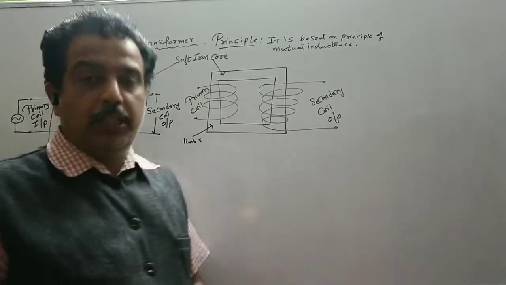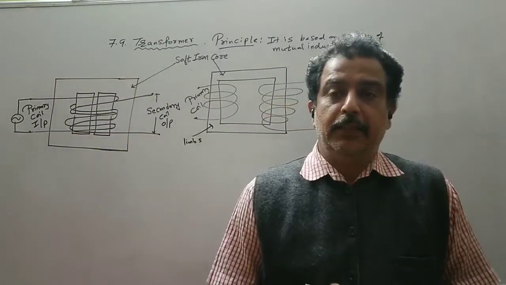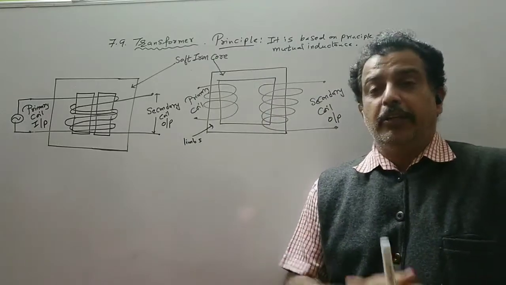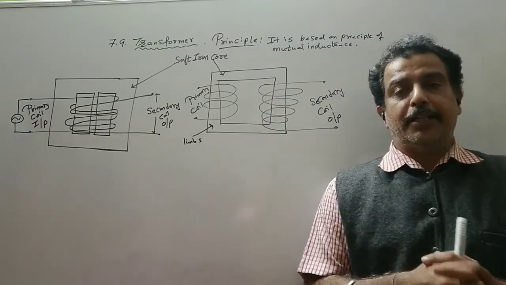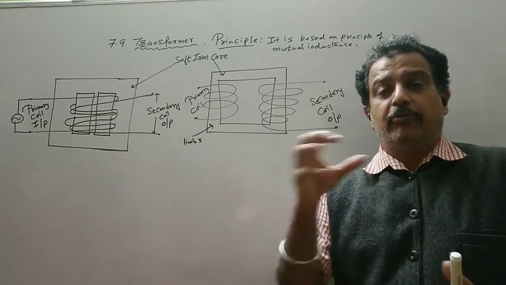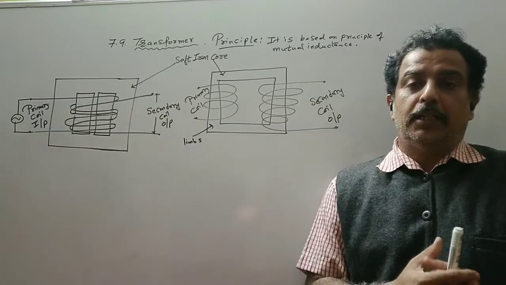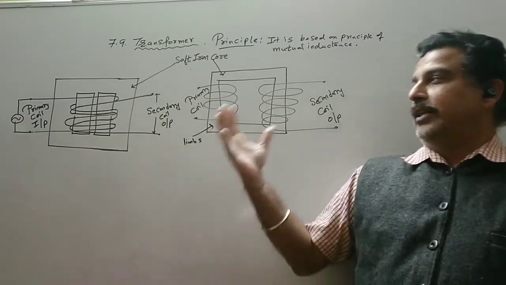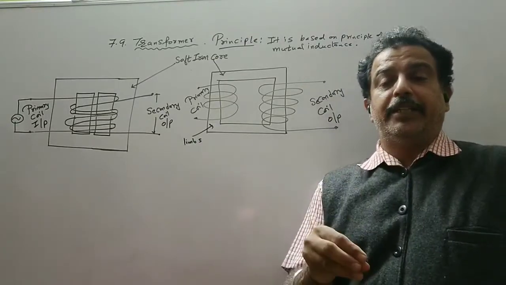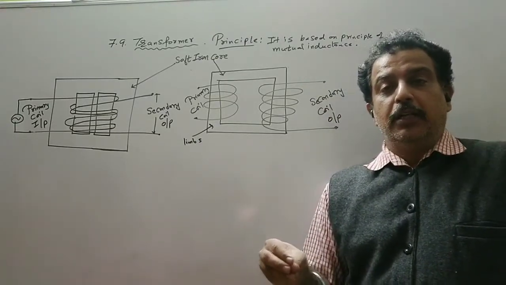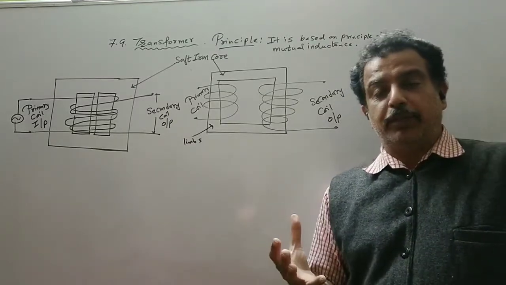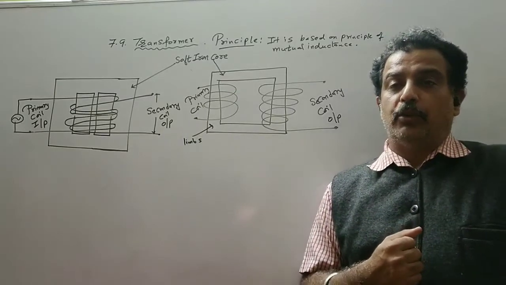So in the construction we write that there are two types. In one, the primary and secondary coils are insulated from each other and wound one over the other, one turn of primary, another turn of secondary, where the number of turns of the primary and secondary coils differs as per our requirement, whether we want a step up transformer or a step down transformer.